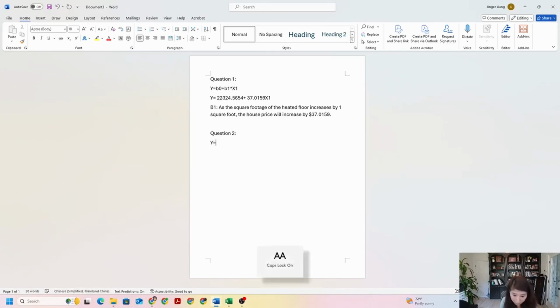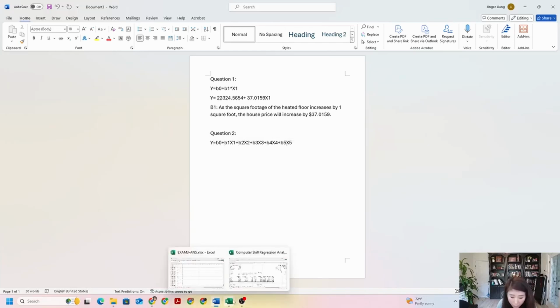So ideally, our equation should be equal to B0 plus B1 x1 plus B2 x2 plus B3 x3 plus B4 x4 plus B5 x5, right? So now the question is, what are the values of B0, B1, B2, B3, B4, B5?